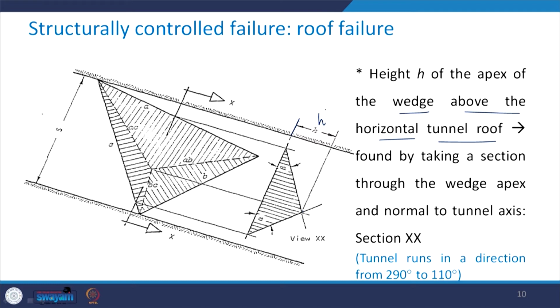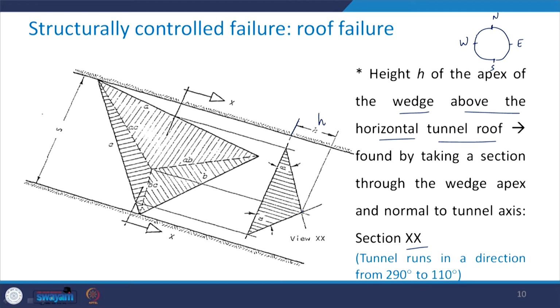It is found by taking a section through the wedge apex and normal to the tunnel axis, which is the section xx here. Remember that the tunnel runs in a direction from 290 degree to 110 degree. So, on the stereo net, you see this was the reference sphere, where this is, let us say, your north direction and this is south, east and west.